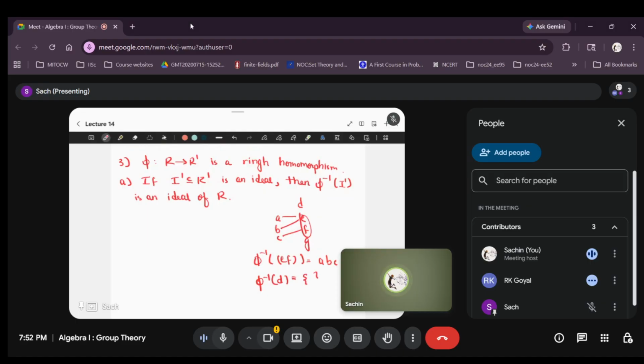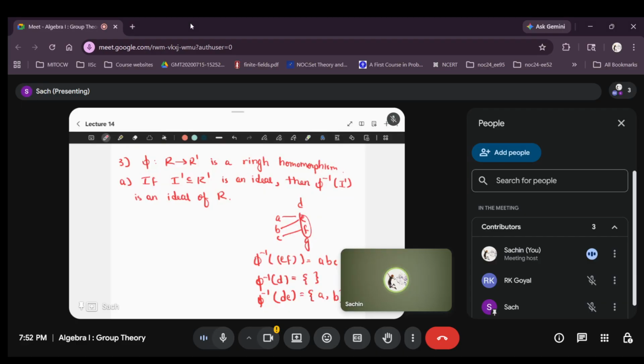Yeah, it's the null set. Similarly, phi inverse of DE would be: A is mapped to E and B is mapped to E. So this is AB.